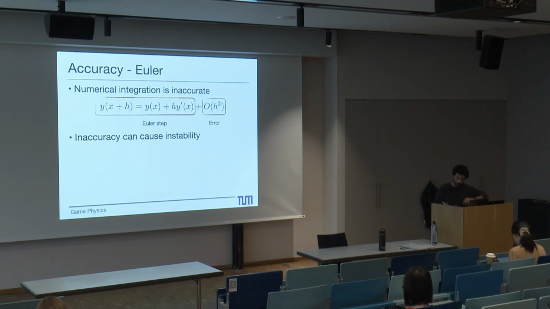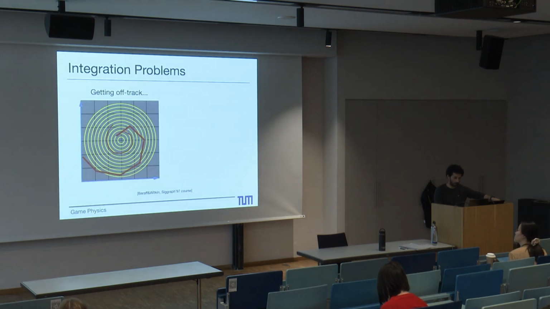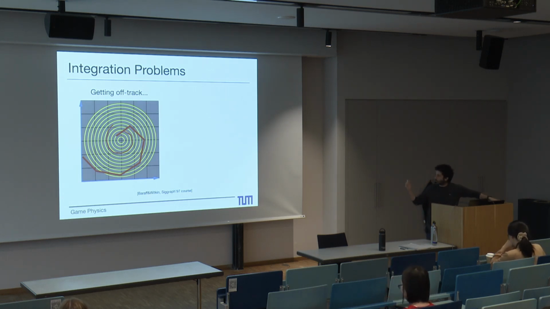One example, which I don't have here but you have in the slides from last time, is the example where we have circles. For those who were not there, the correct trajectory is to move along the circle.